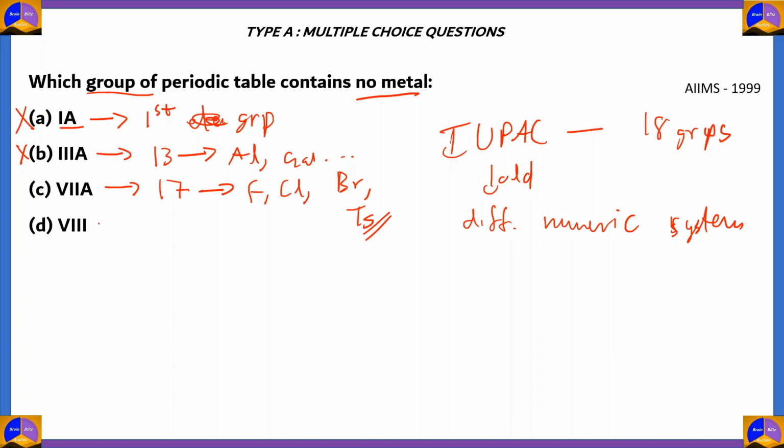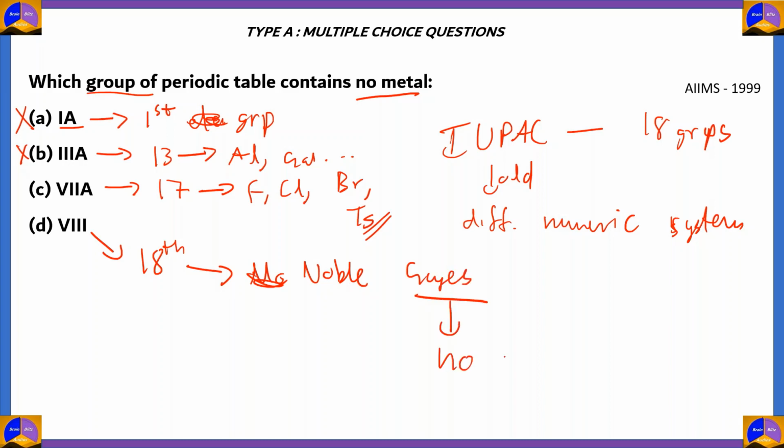However, if you look at option D, which is group 8, this refers to the 18th group of the periodic table, which contains noble gases. And all of these are gases, so that means there is no trace of any metal whatsoever. So option D will give us the right option.